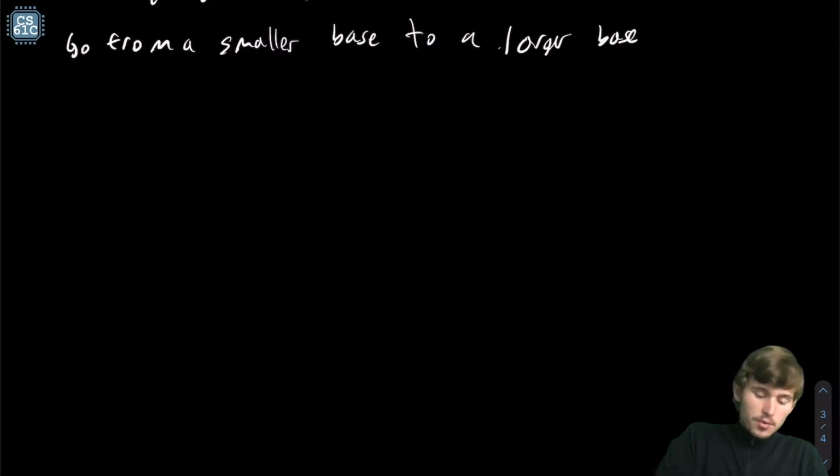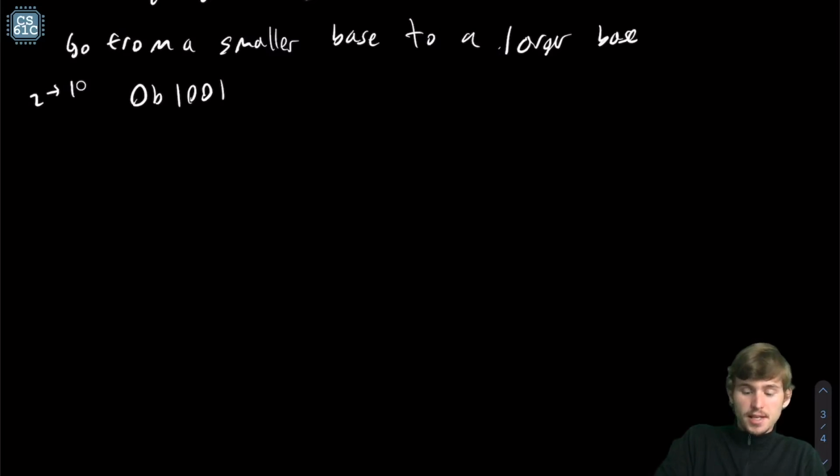So let's say I want to go from base 2 to base 10. So I can have the value 1, 0, 0, 1. And I want to translate this to base 10. So the thing that I was talking about in previous lecture videos is that I can just represent all of these as powers of 2. So this is 2 to the 0. This one right here is 2 to the 1, 2 to the 2, and 2 to the 3.